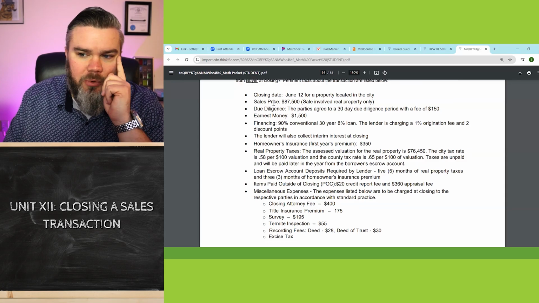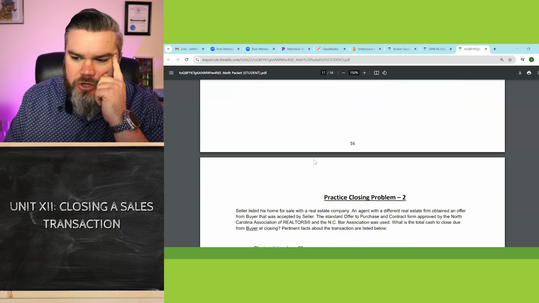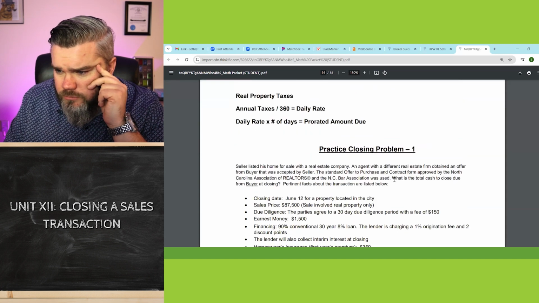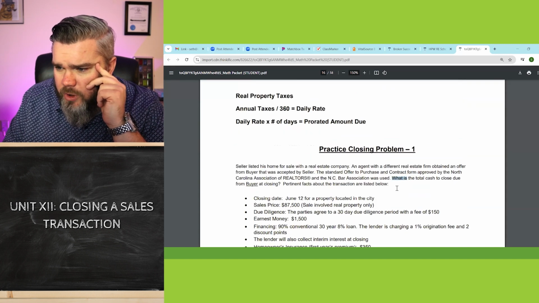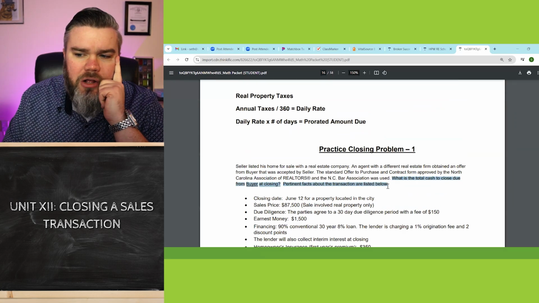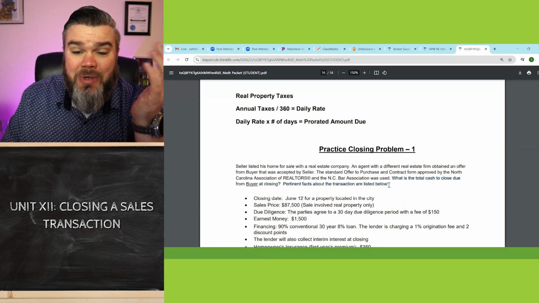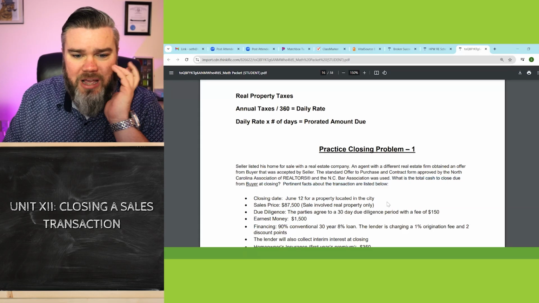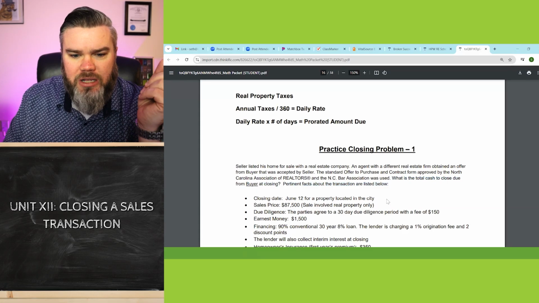So, for example, before I even start looking through all the details, the question on this is right here. What is the total cash to close due from the buyer at closing? That means I don't need to worry about the sellers in any way, shape, and form. Everybody with me? I just have to calculate the buyer's credits and debits.